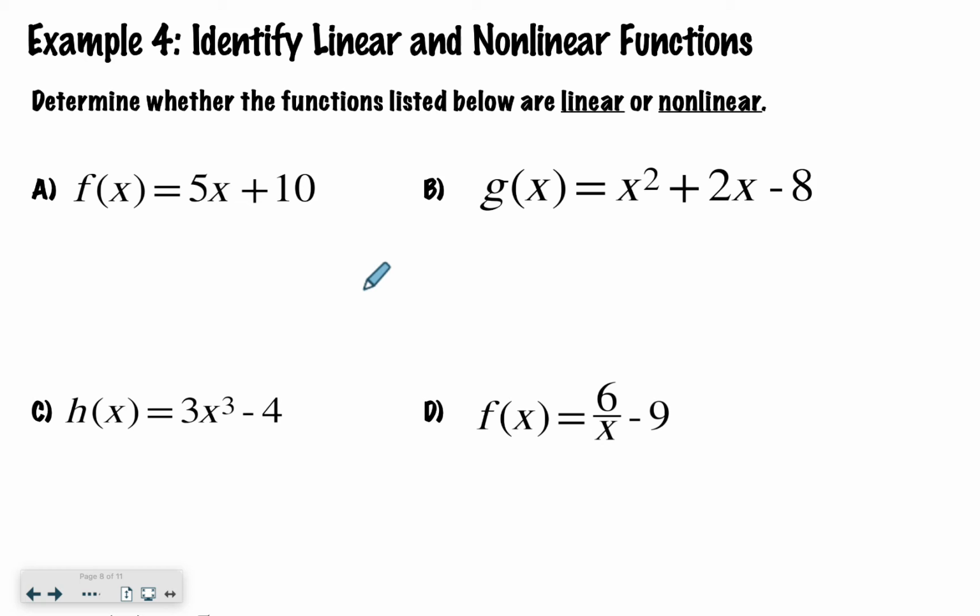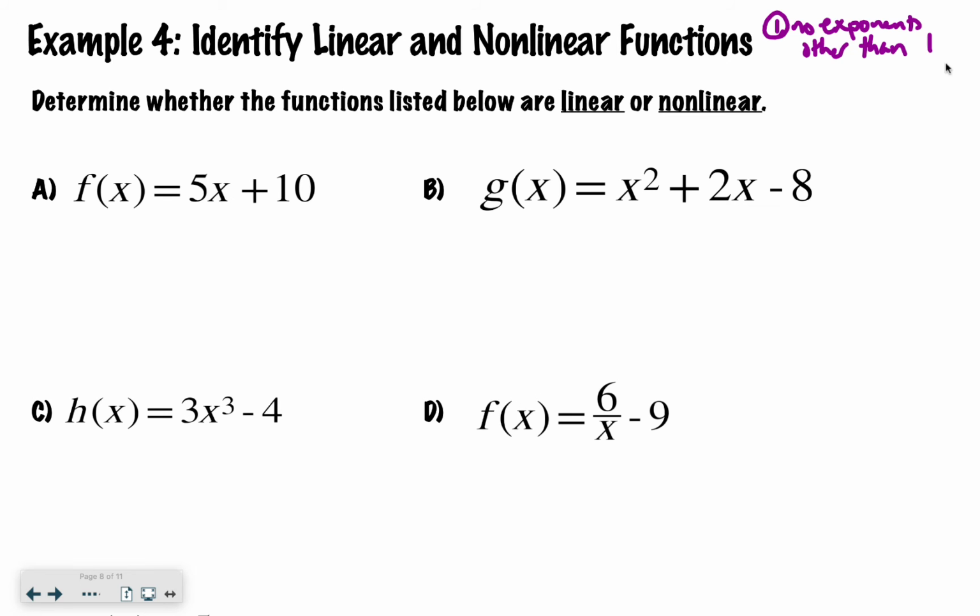All right, now we're moving on to the next idea. So we've talked about discrete, continuous, and neither. Now we're going to talk about how to identify if something's linear or nonlinear. Some ways to tell if something's linear: a key thing is no exponents other than 1.